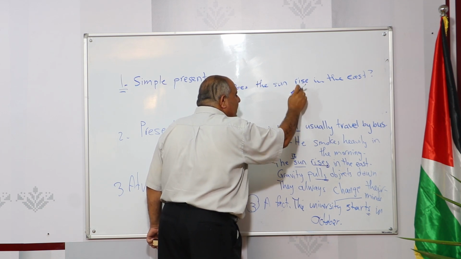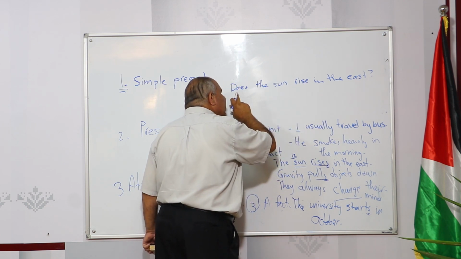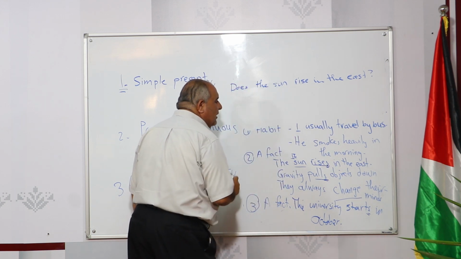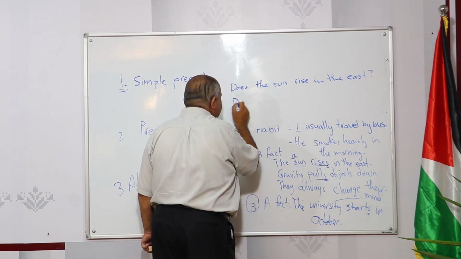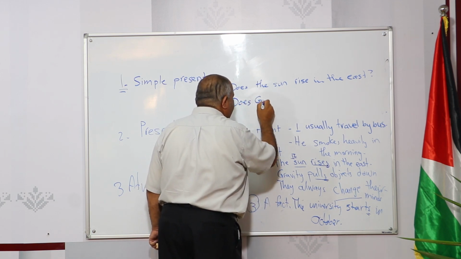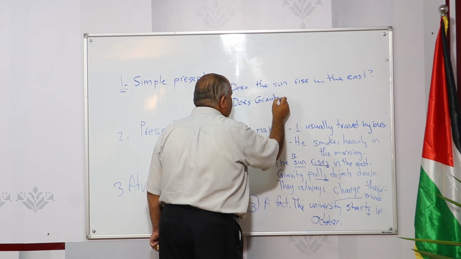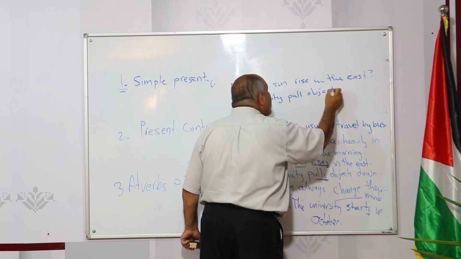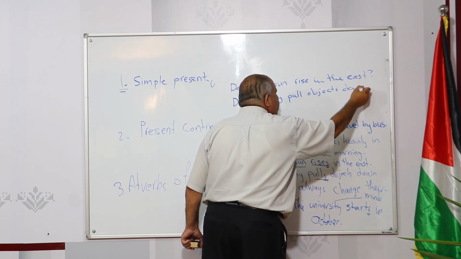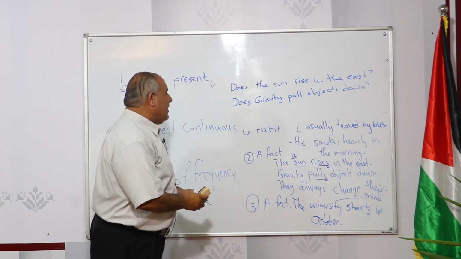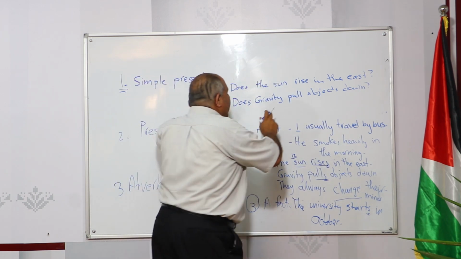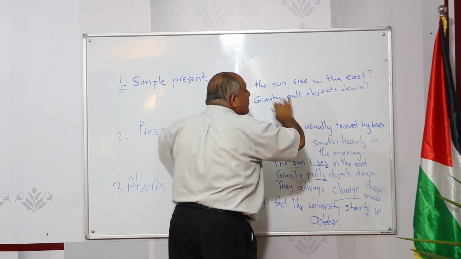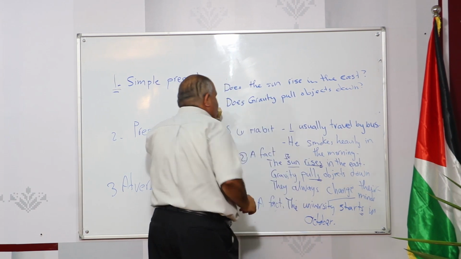If there is s, we put does. If there is no s, we put do. The second, gravity pulls objects down. Does gravity pull objects down? This is a question. Without does, the sentence is the same. We take does from it and put it at the beginning. All the other parts of the sentence remain in their place and position.